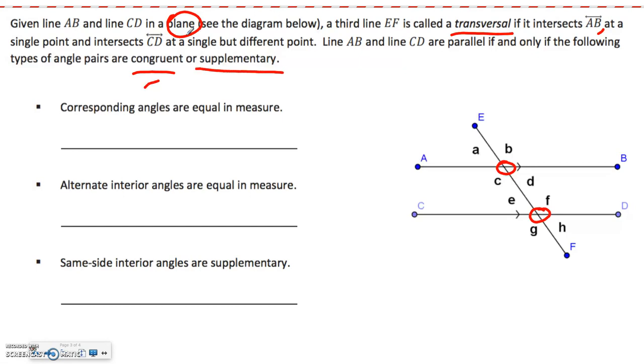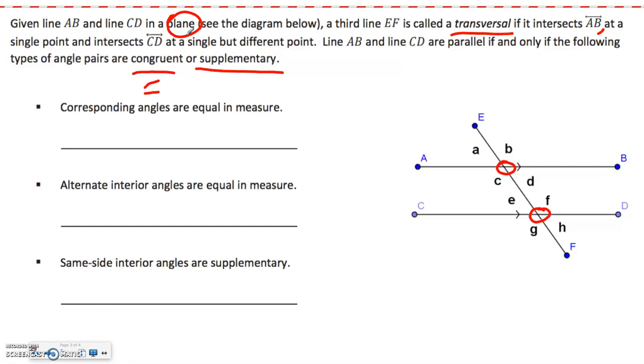Congruent means equal, and supplementary means two angles that add up to 180 degrees. So we're looking for two angles that add up to 180 degrees, or two angles that are congruent, and that will tell us those two lines are parallel, okay? These are the conditions that must happen.